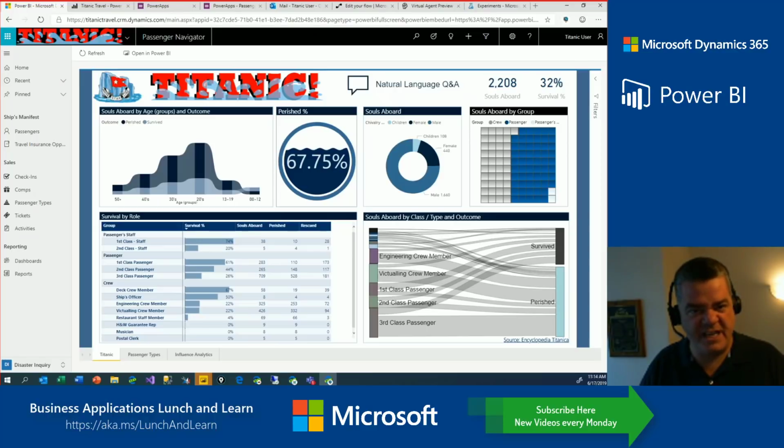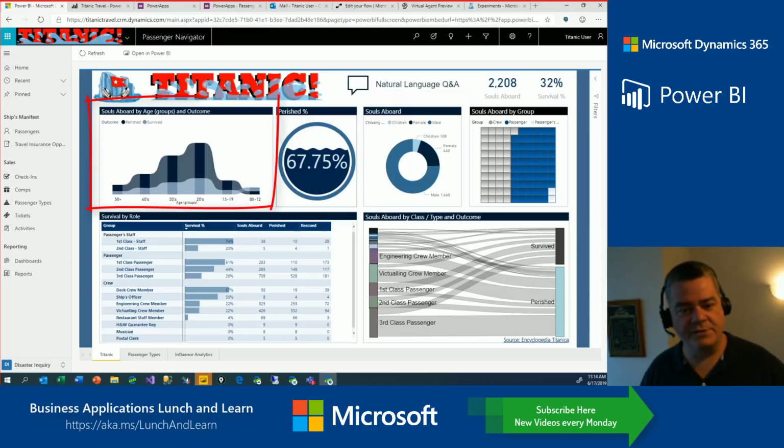It helps us see the data, explore it in a way that just lists of records in a view doesn't quite communicate as effectively, especially for the business decision makers, the managers who are trying to look at bigger data sets across their team or across their organization. This is a way in which we can explore the information much more effectively.